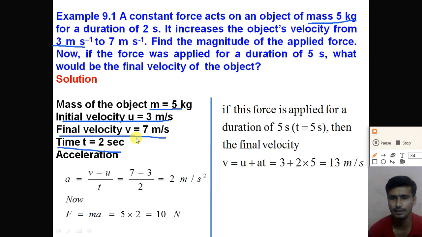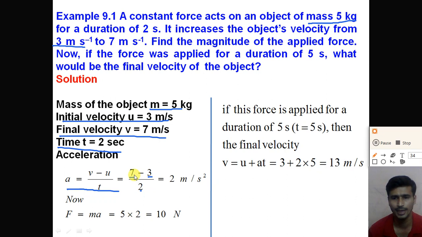So how can we calculate the acceleration of the object? By the formula, acceleration is equal to change in velocity divided by time. So acceleration a is equal to final velocity v minus initial velocity u divided by time t. Here the final velocity is 7, the initial velocity is 3 and the time is 2 seconds.